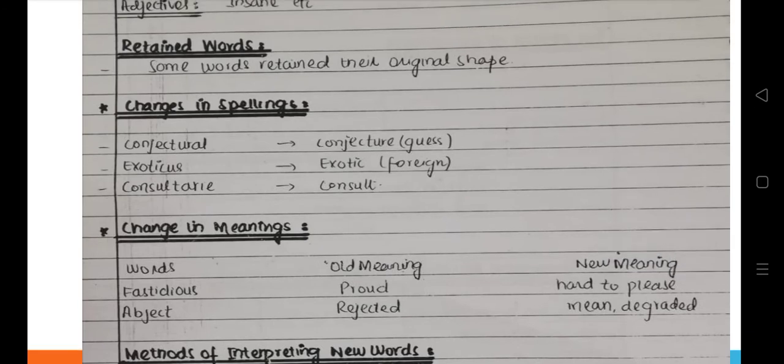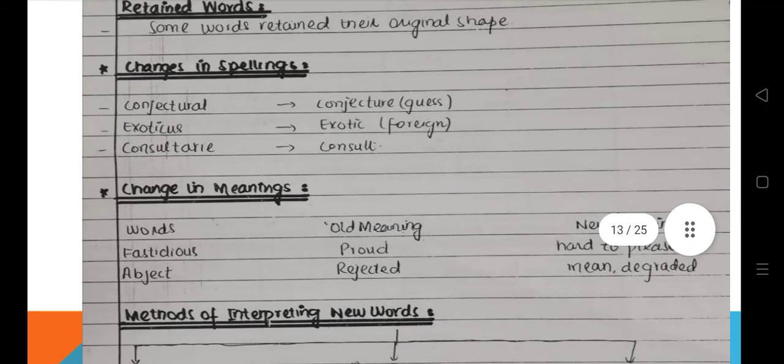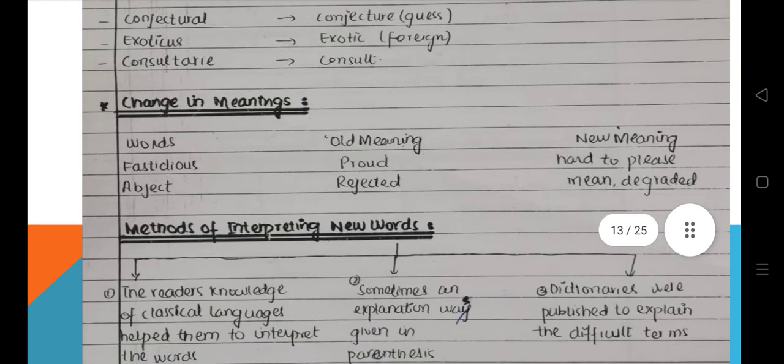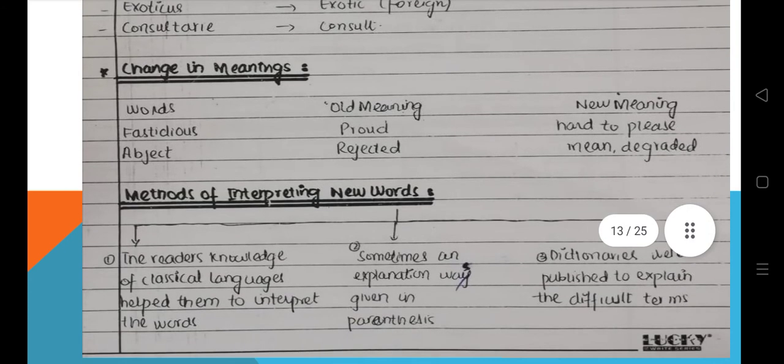So we'll see changes in spelling, for example, conjectural from conjecture, exotic from the old exoticus, and consult from the old word consultatory. See the changes in their spelling, and changes in meaning as well.